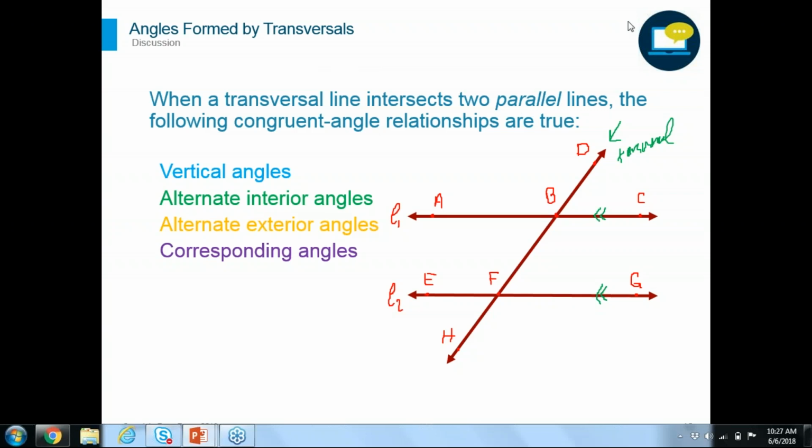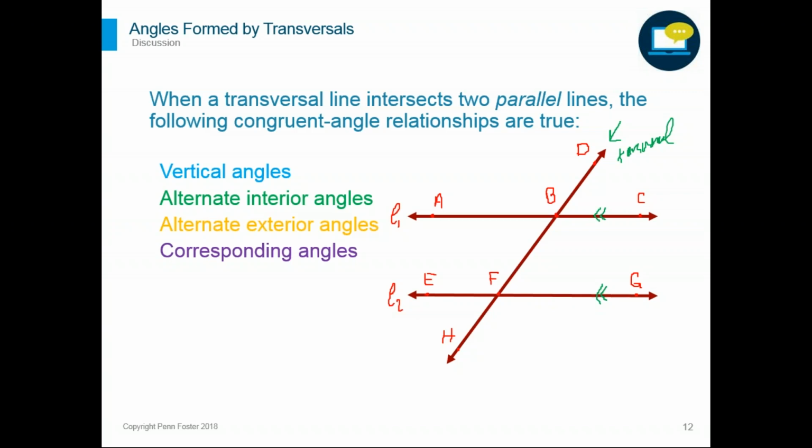So let's define the four types of angle pairs in that system. The first one I'm going to go over is the vertical angle. I'm going to keep the color coding here so we are able to clearly see the pairs we're going to identify. If the two lines are parallel and there is a transversal cutting through them, then vertical angles are congruent, having the same measure.